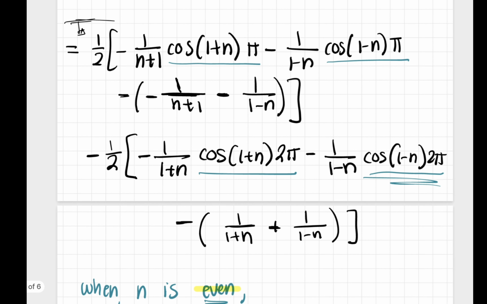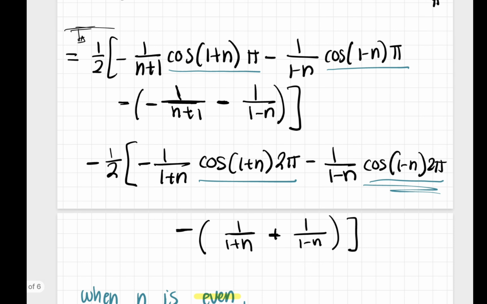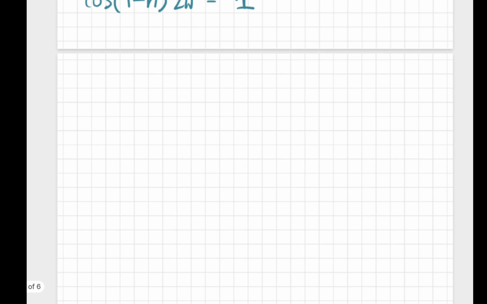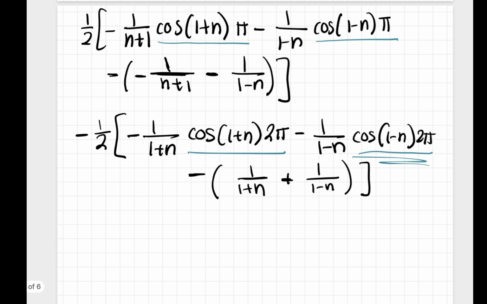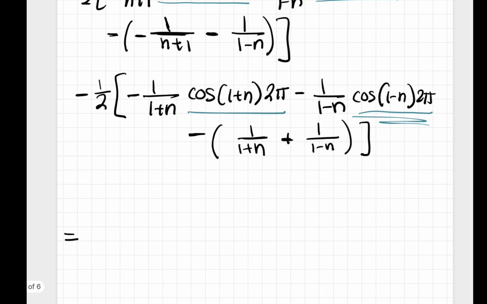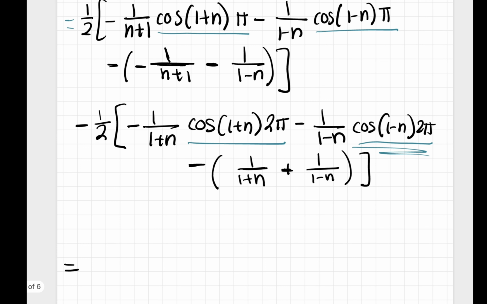So now let's take this whole thing and start replacing it. I'm just going to copy this whole thing so we don't have to keep scrolling back up. Alright, so now we have this, and let us solve it. So let's do this when n is odd.